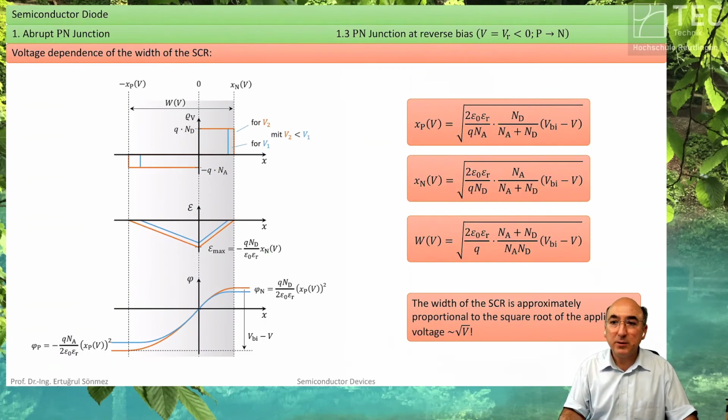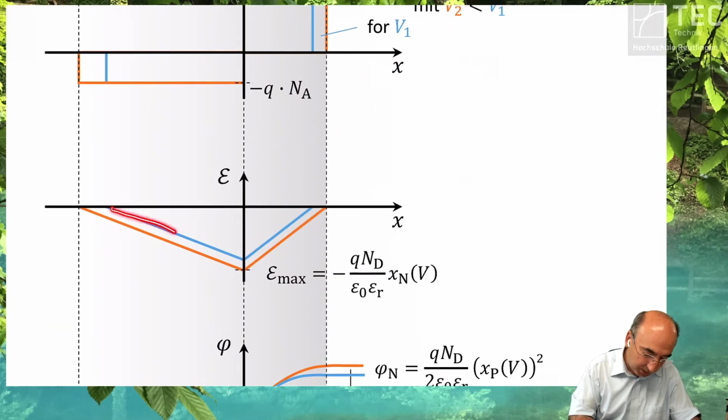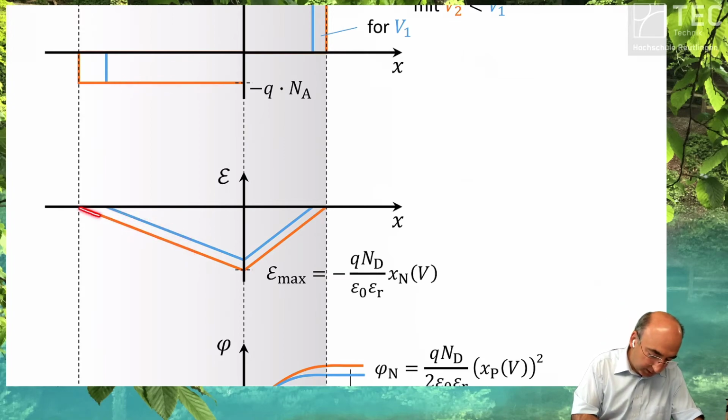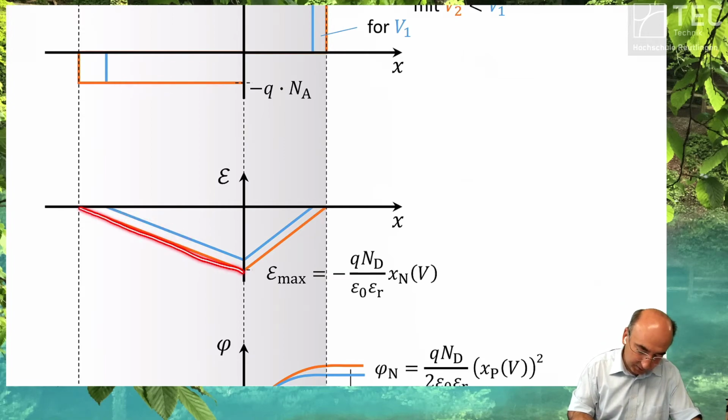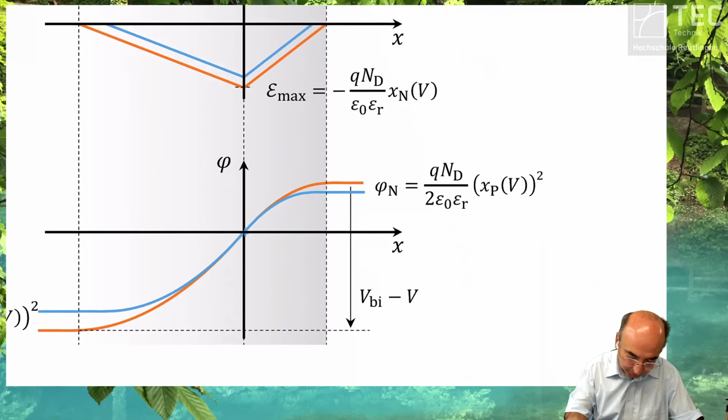Let's take a look here. Additional negative voltage increases the space charge region boundaries. Therefore, you see, the slope hasn't changed because your doping level is constant. But the integration path has been increased, so the maximum electric field has increased in an absolute manner.